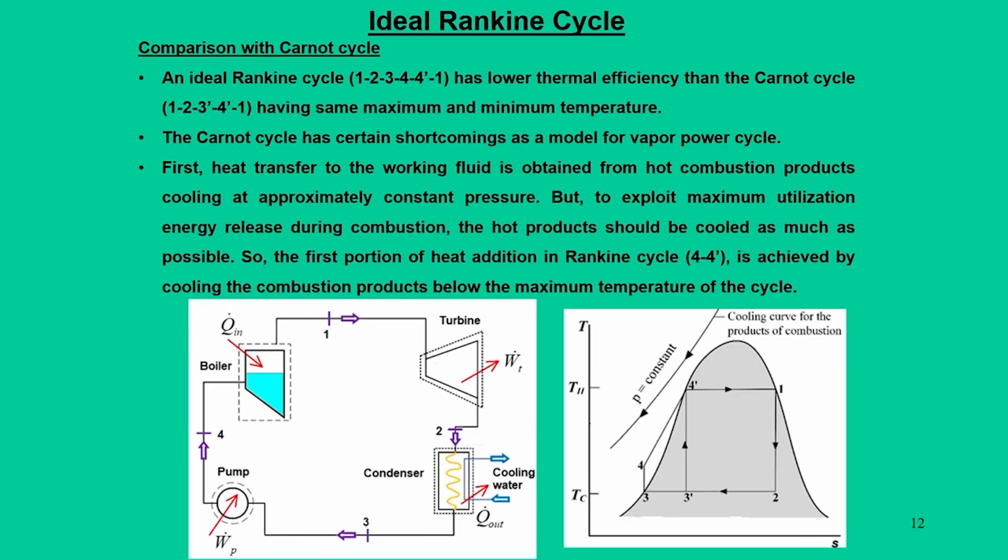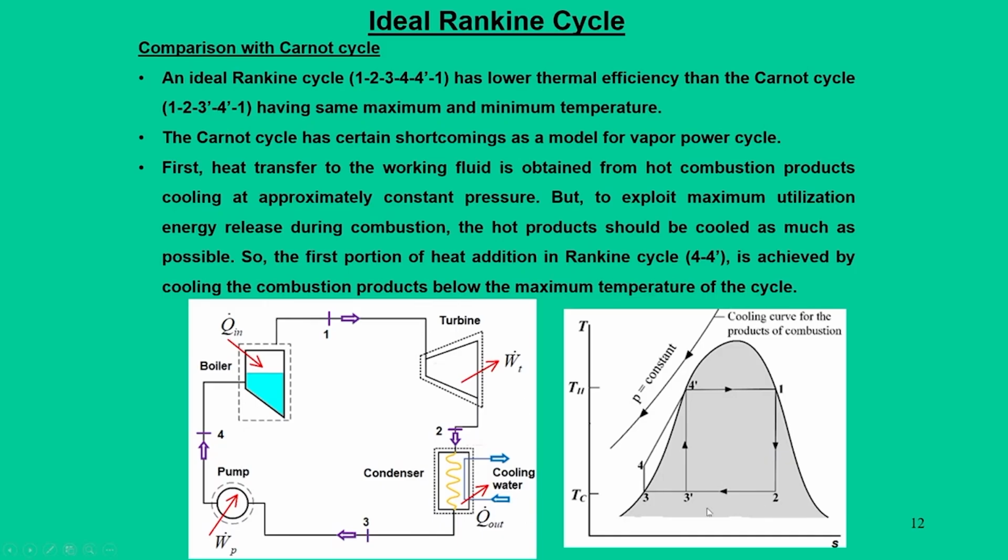This is already interpreted, but the other side of the story is that, if you really need to see the difference between the Rankine cycle and the Carnot cycle, the Carnot cycle does not have much flexibility. What does this mean?